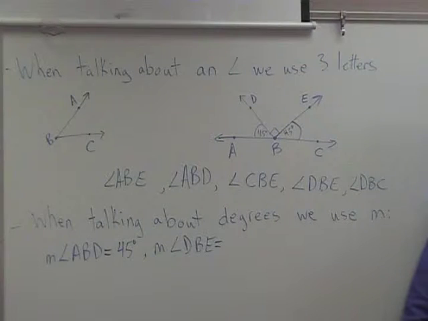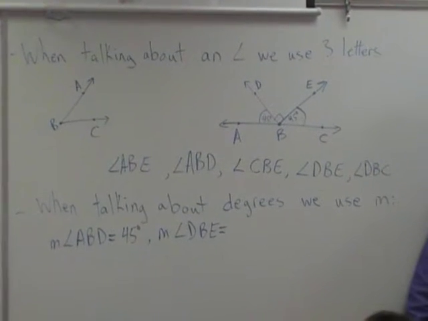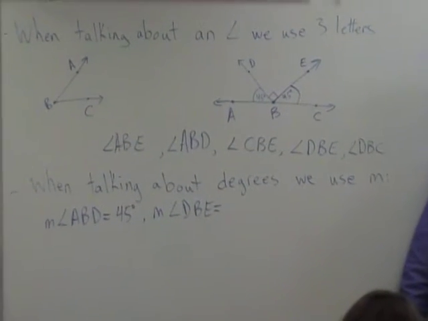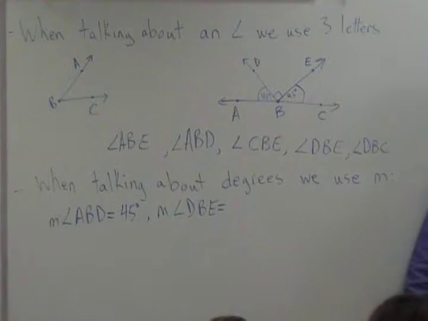Everybody know what angle DBE is? I think everybody does. I just give you a chance to catch up. DBE, the angle, the measure of it. All right, now who wants to answer? All right, Ram.